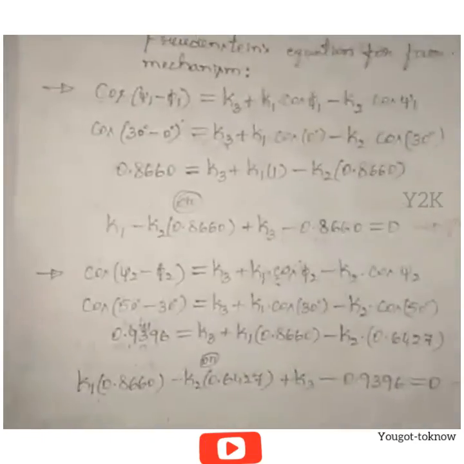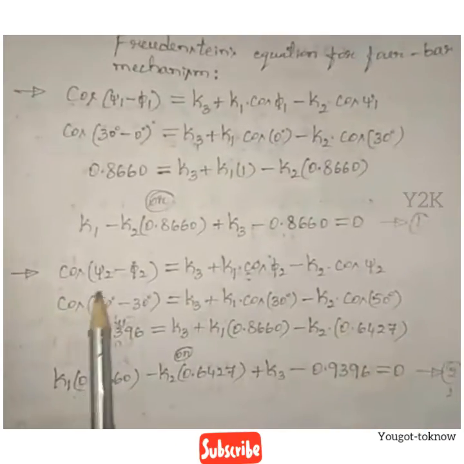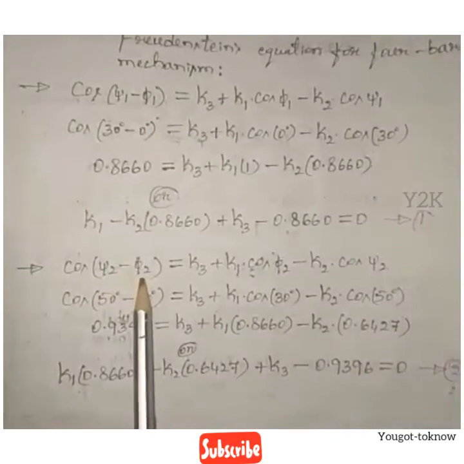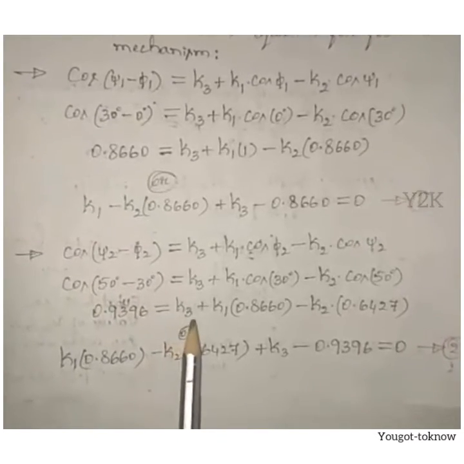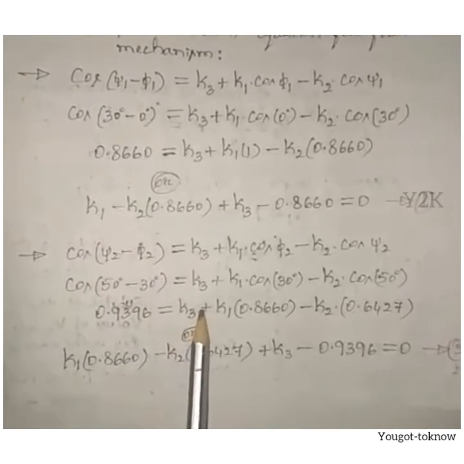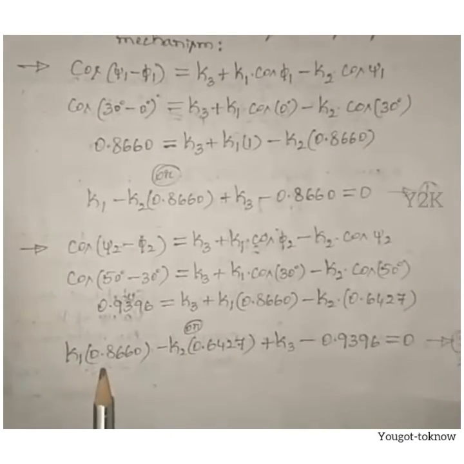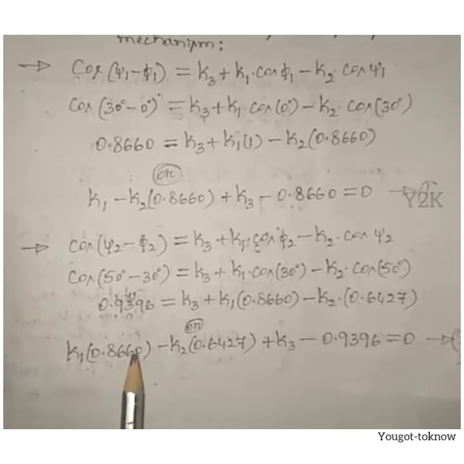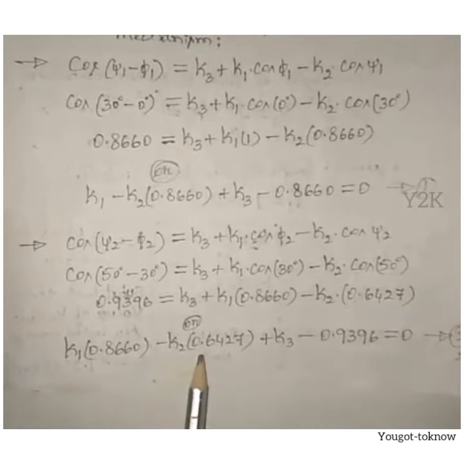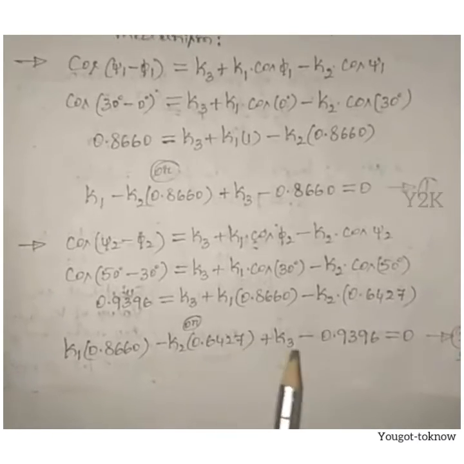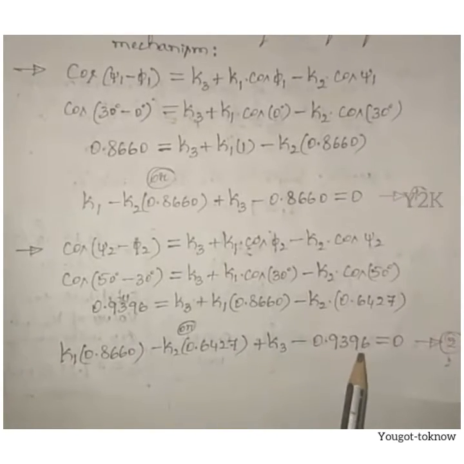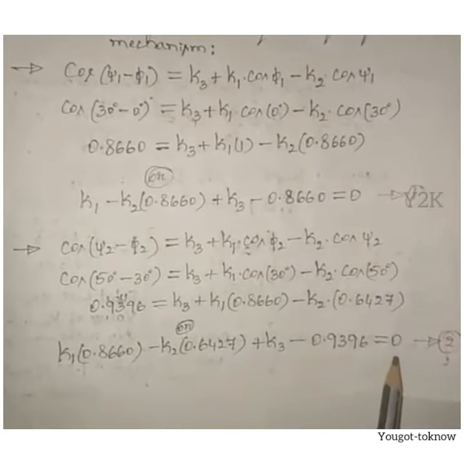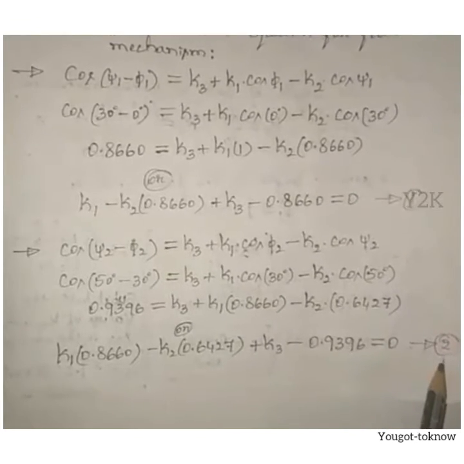Next, with respect to Xi2 and Phi2, substitute the values and solve the equation. Then we rewrite it as K1 into 0.8660 minus K2 into 0.6427 plus K3 minus 0.9396 equals 0. Call it equation number 2.